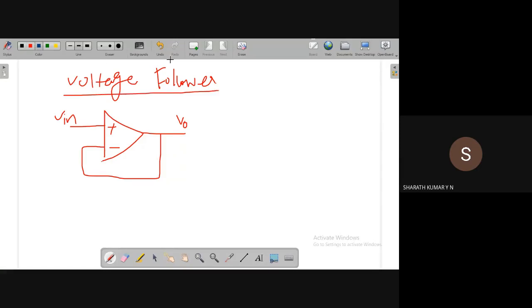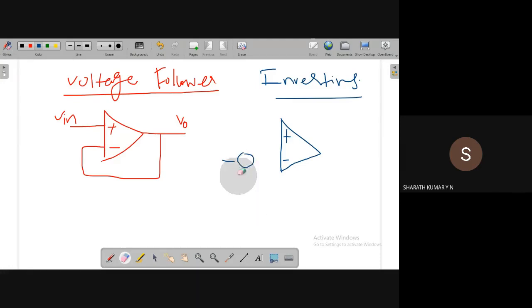Next is the inverting amplifier. In the inverting amplifier, this is the non-inverting input and this is the inverting input. As the name suggests, the input should be given to the inverting input. There is a Vin.